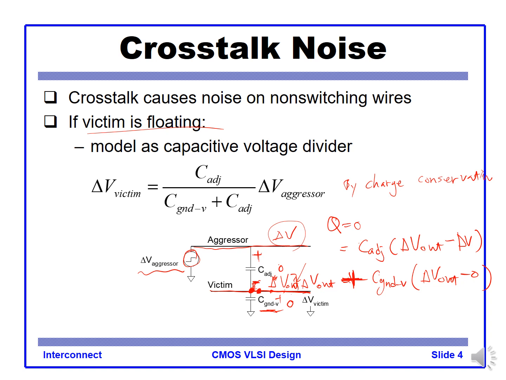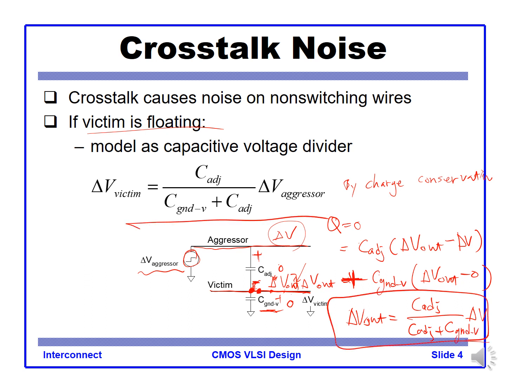So finally, if you find the delta V out there, then you will get delta V times C_adj over C_adj plus C_gnd, something like that. So we have this equation.